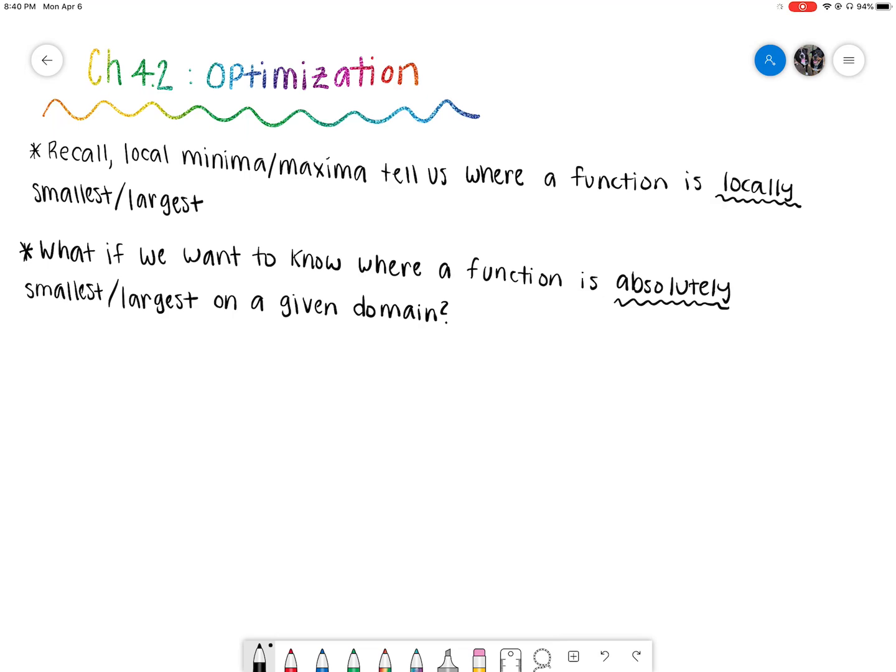And there's a term for that. It's the global minimum and the global maximum, so very similar to the local minimum and local maximum. So that's our next definition.